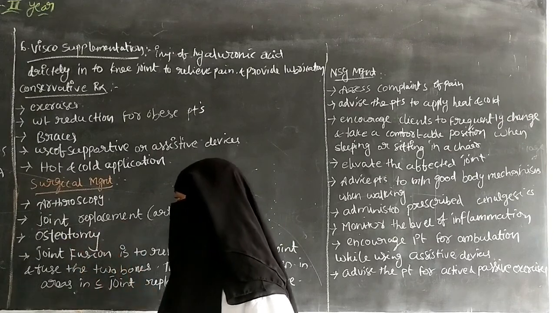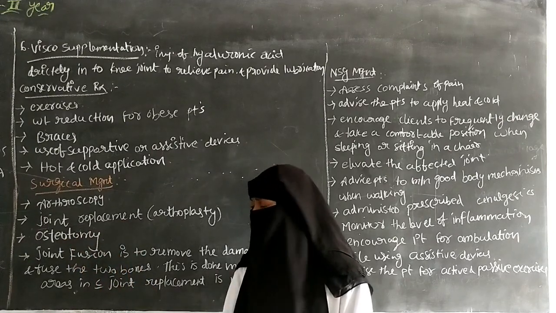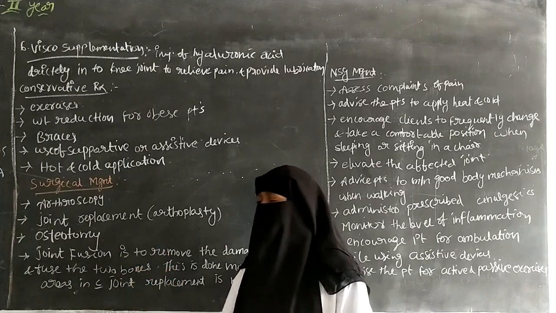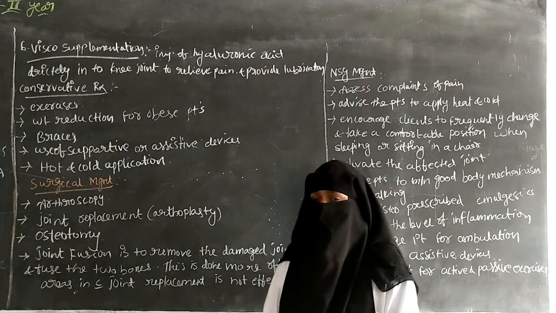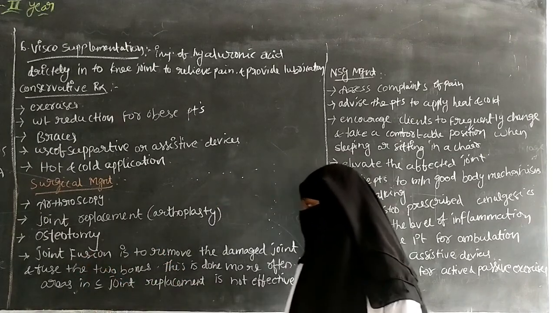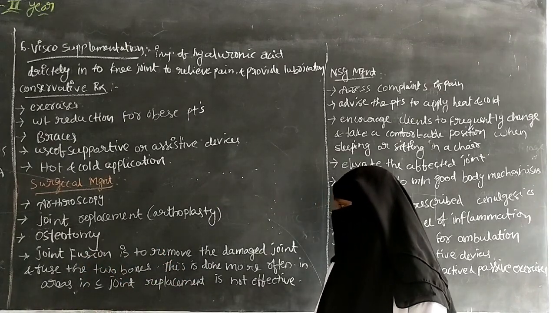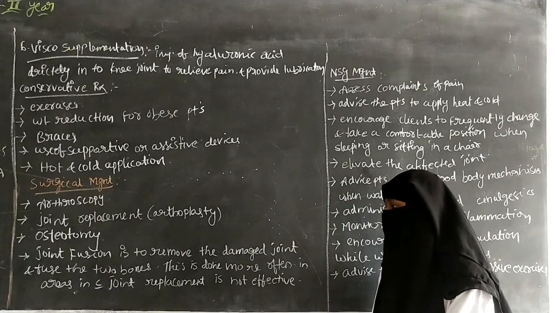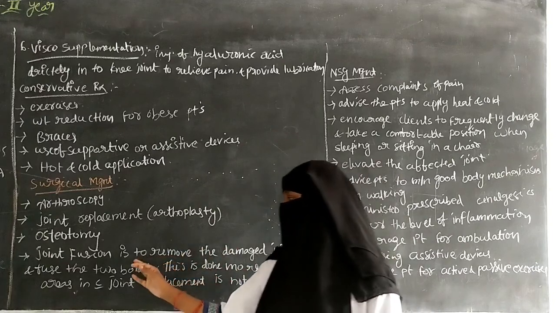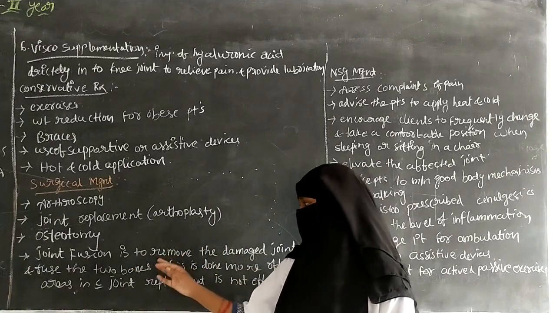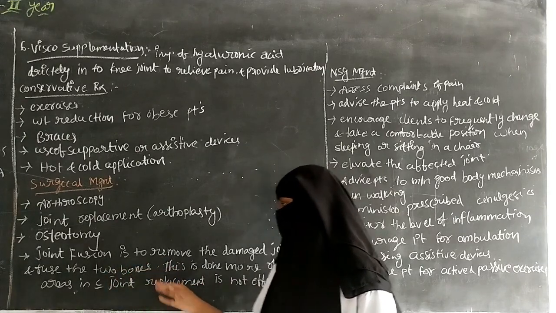Next one is the osteotomy. There is an opening of the joint, and they remove the damaged cartilage and tissues. And next one is joint fusion. Joint fusion removes the damaged joint and fuses the two bones together.